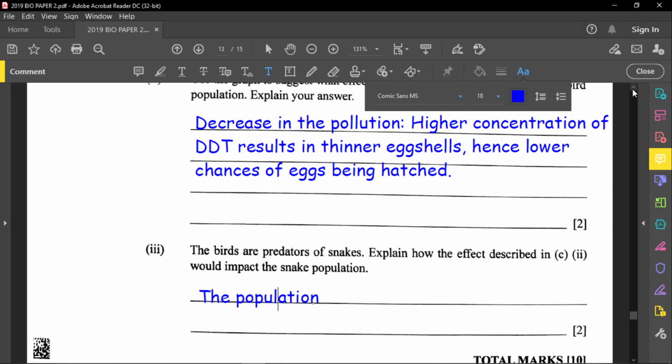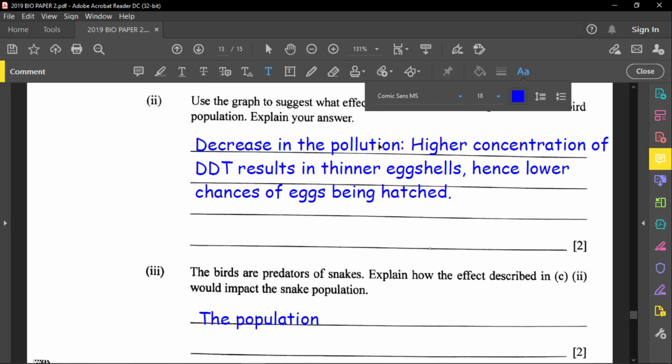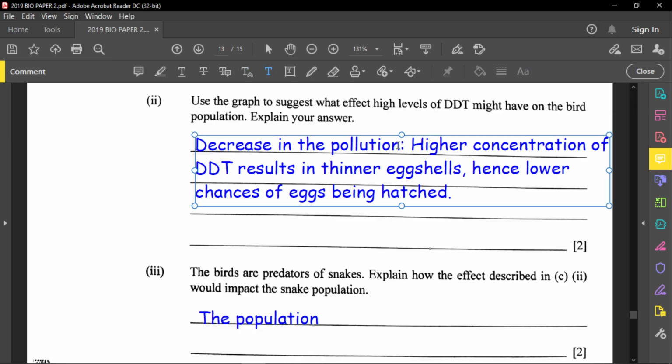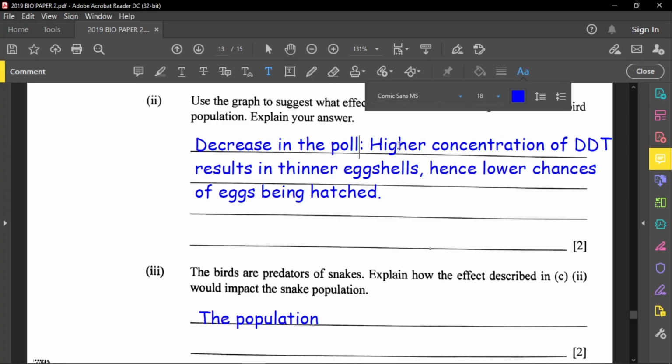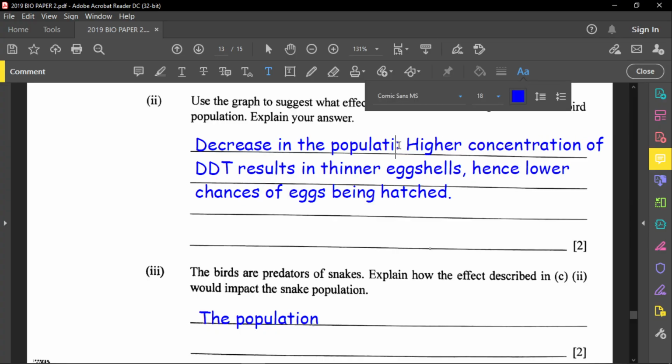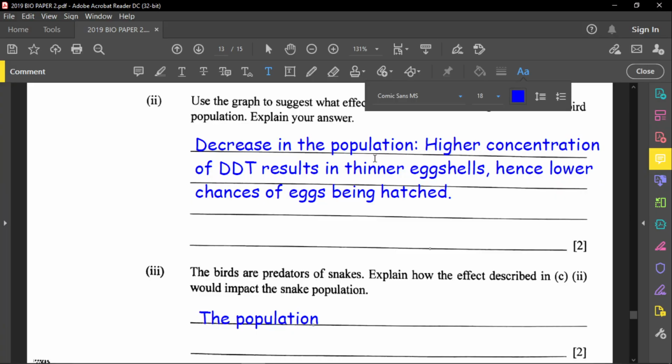Let me go back here. I think I made a mistake. I put pollution here. It should be decrease in population. I don't know why I made this mistake, so let's quickly correct this one. So here is a decrease in the population of the bird, and so you have an increase in the population of the snake.